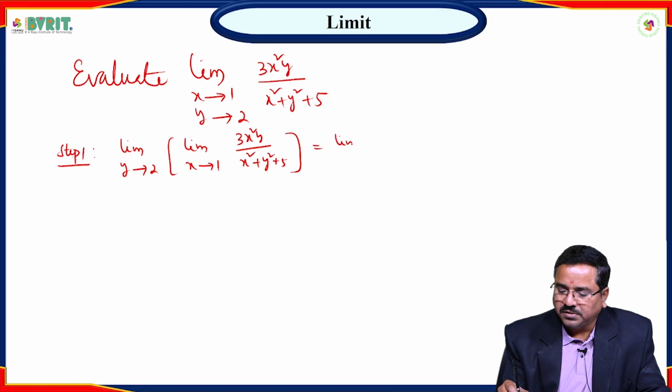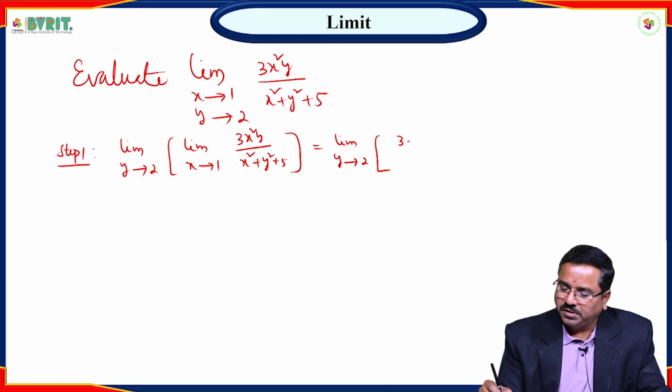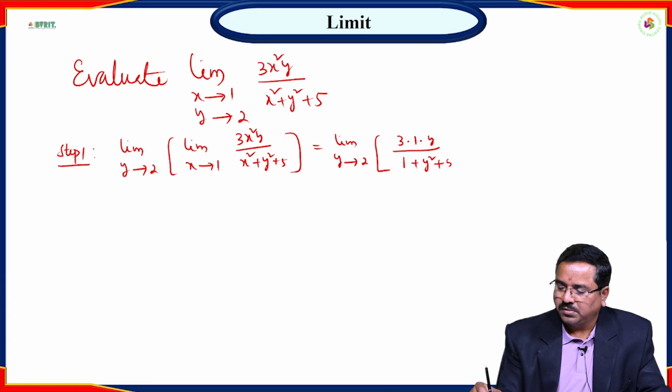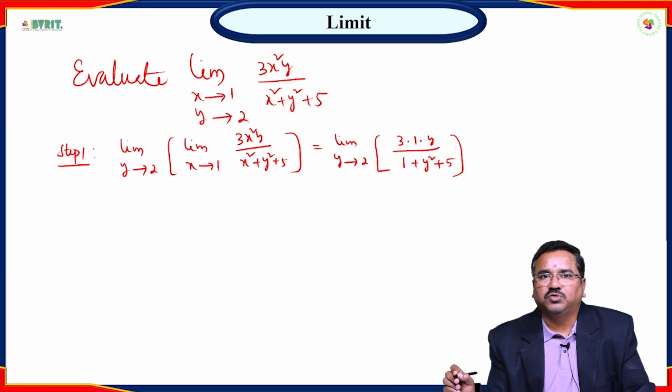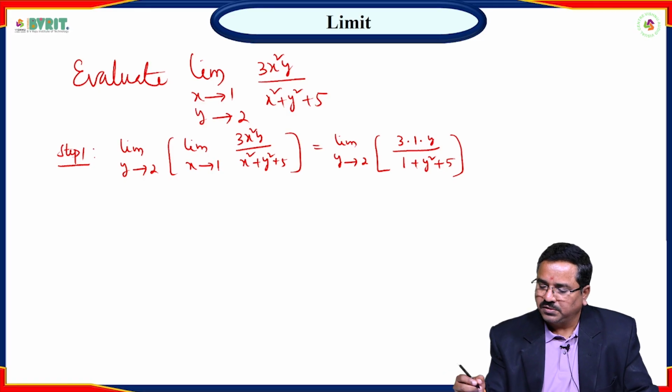Just by substituting x is equal to 1, that is 3y by 1 plus y square plus 5.